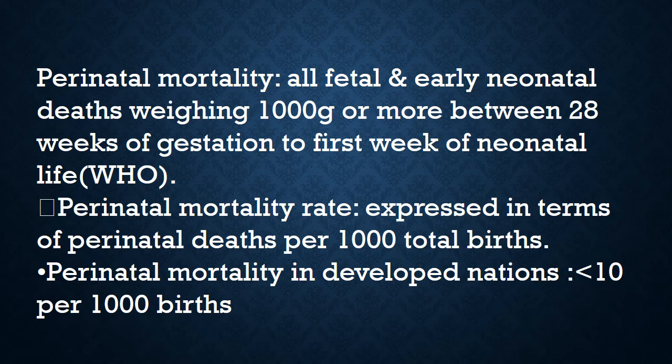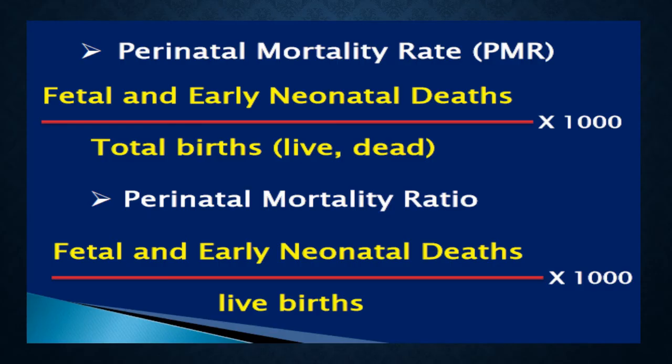If you calculate the perinatal mortality rate, it's expressed in terms of perinatal deaths per 1,000 total births. We divide it by the total births as all. Perinatal mortality in developed countries is less than 10 per 1,000. So I want you to concentrate with me. There are two terms, perinatal mortality rate and perinatal mortality ratio.